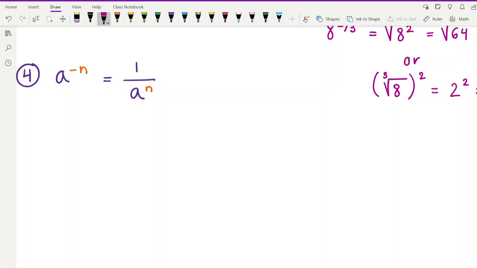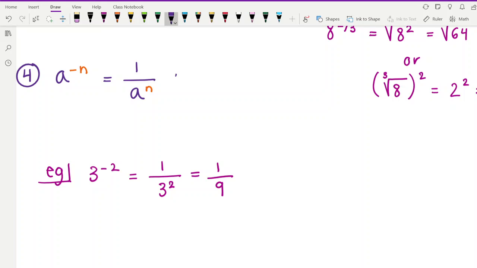I guess I'll do this example below. So for example, let's say you wanted to raise 3 to the negative 2. You could write that as 1 over 3 squared, which is 1 over 9. So basically a negative exponent just means that instead of raising your original number to that power, you're doing 1 over your original number to a positive power.